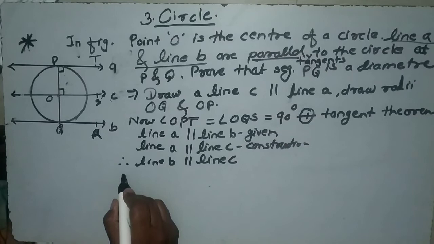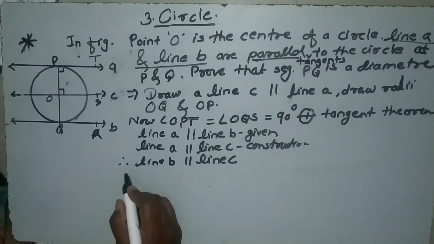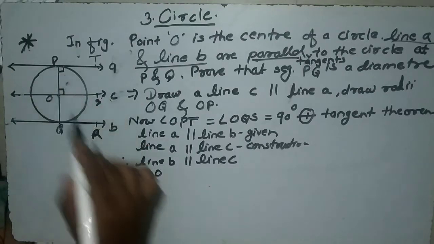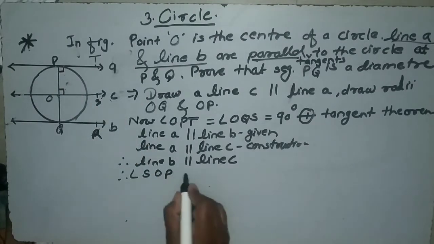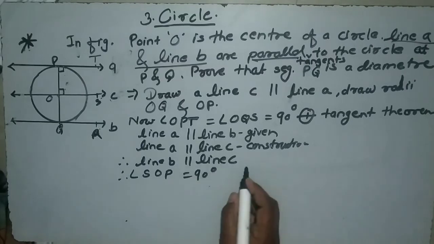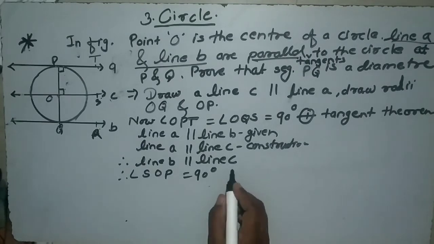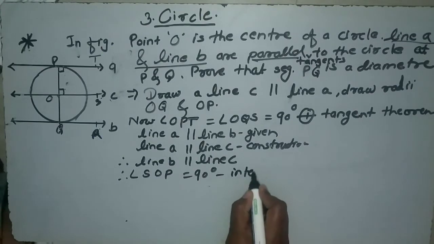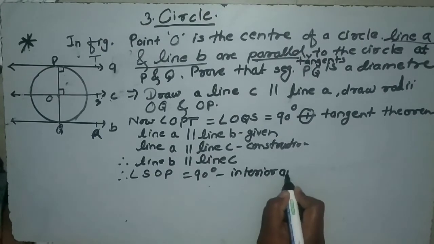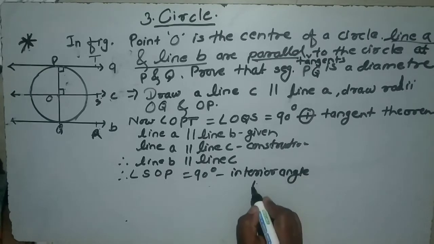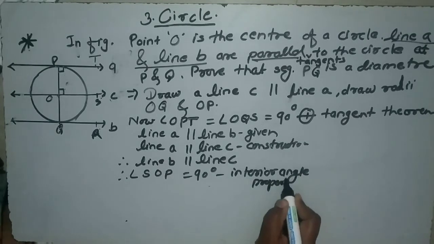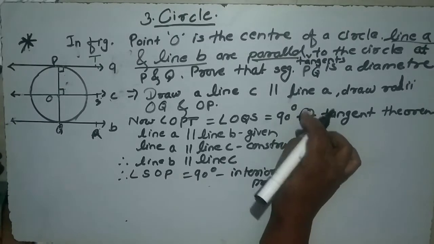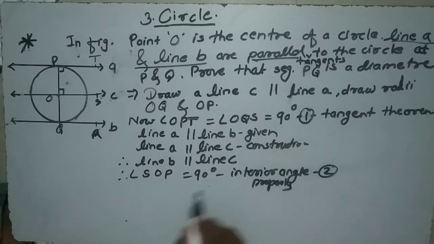So I will write here, therefore angle SOP is equal to 90 degrees by the interior angle property of parallel lines. So we will give the number 2. This is 1 and that is 2.